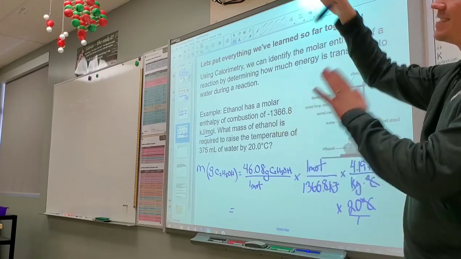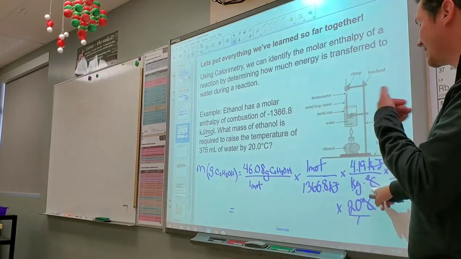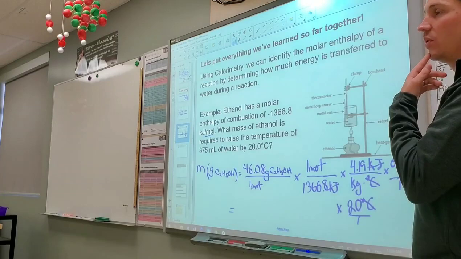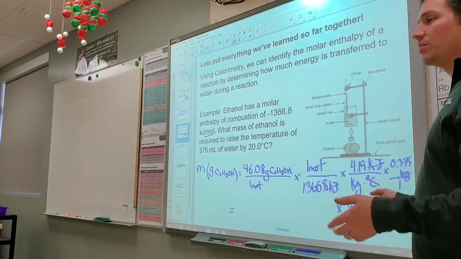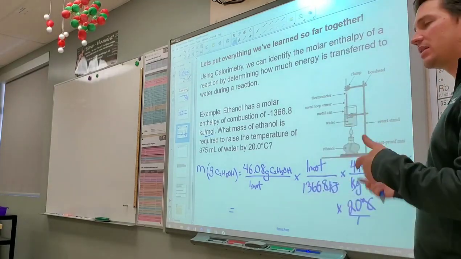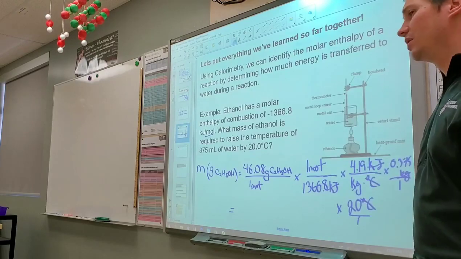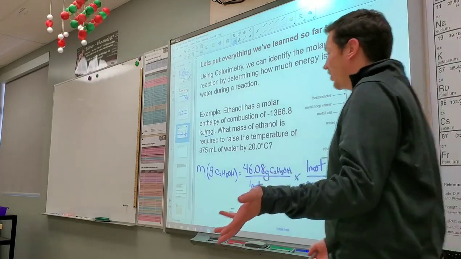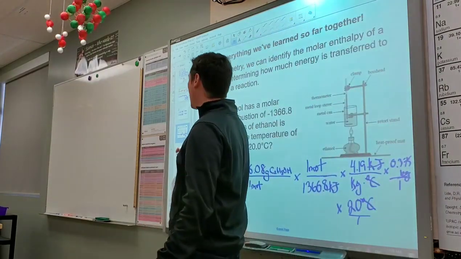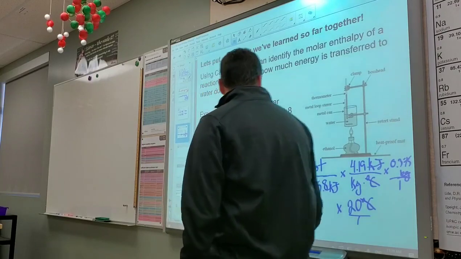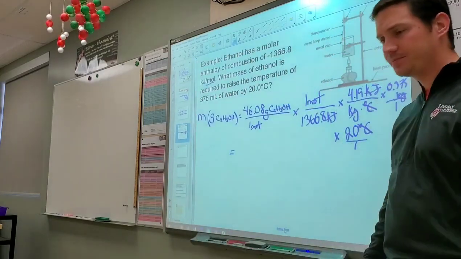It's a two-step problem because this has to be change in temperature only, and a change in temperature you need to either add to or subtract from your initial or final. I don't know any other way to explain it unless we sat down and talked about it. Okay, how much mass?